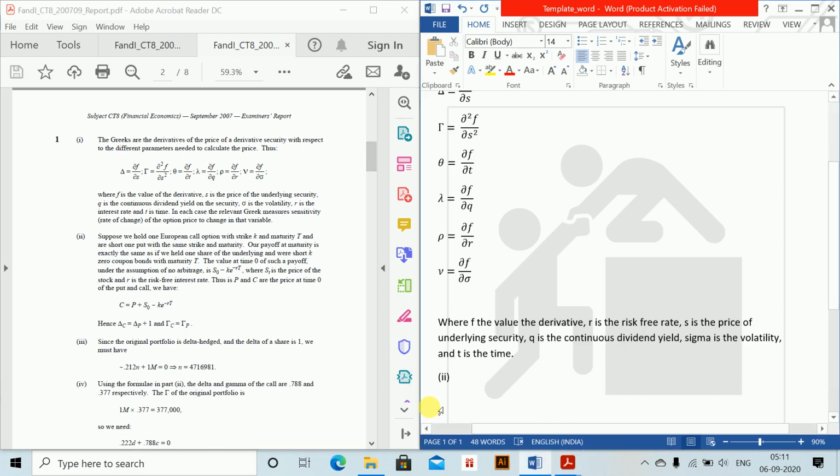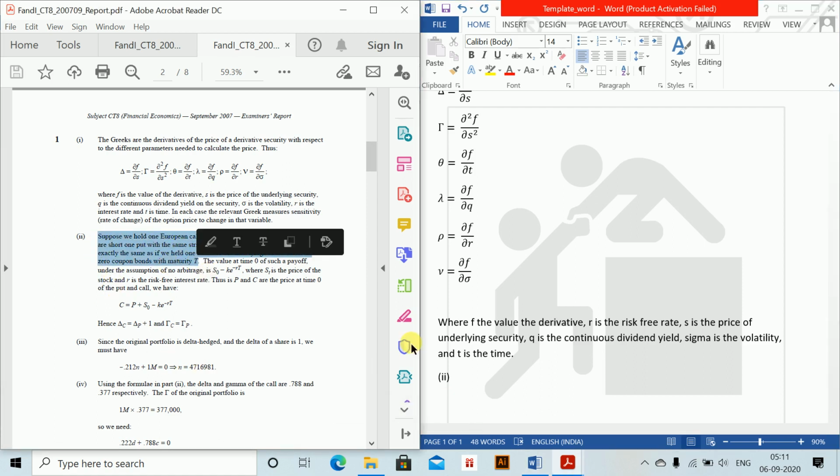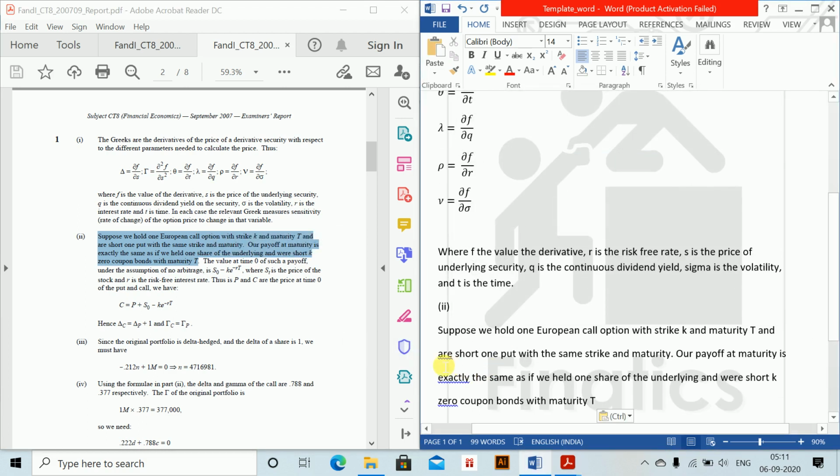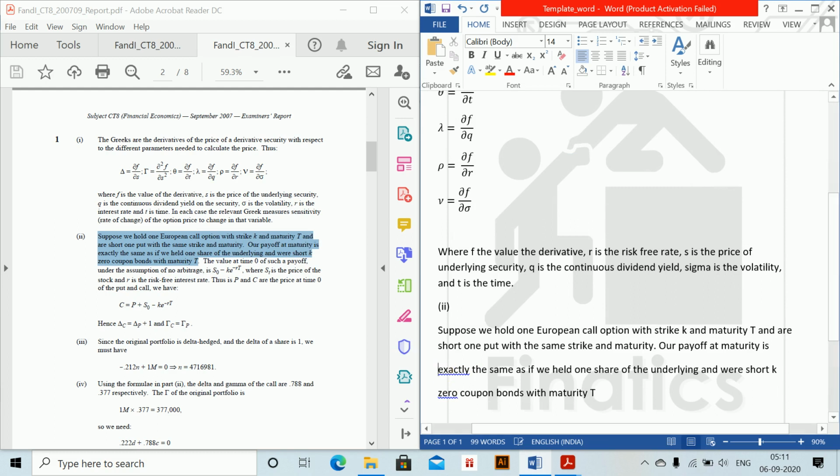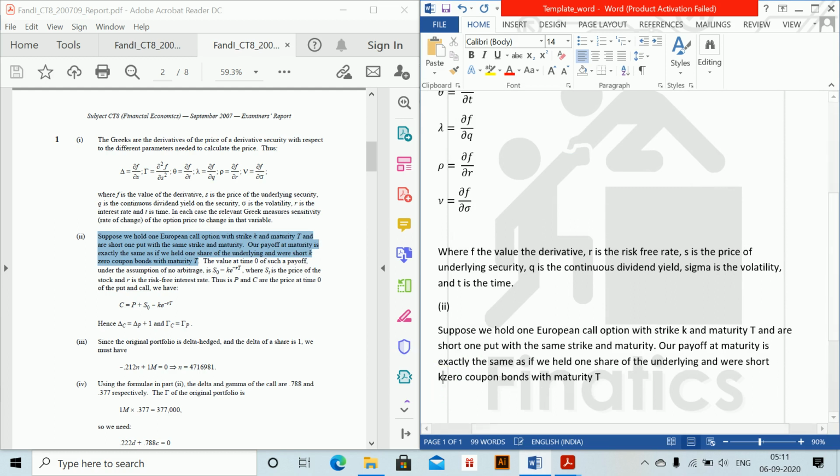Suppose we hold one European call option. I'm not writing this part out, since it is theory, so I'm just copying and pasting. You should not copy and paste anything in the exam; I am just doing it right now for teaching purposes.